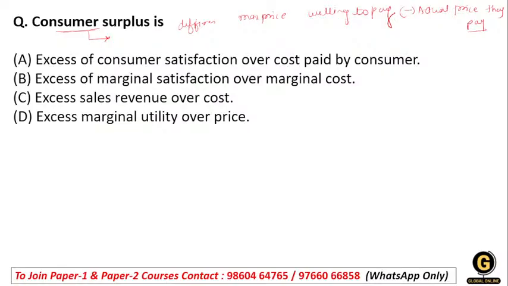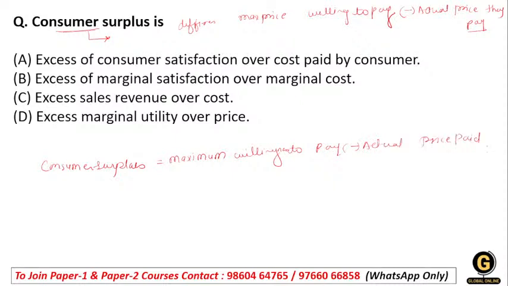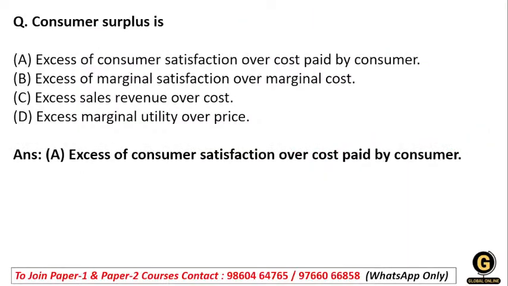So consumer surplus is maximum willingness to pay minus actual price paid, and he will be happy when he pays less than what he is willing to pay, isn't it? So the right answer will be option number 8, students.